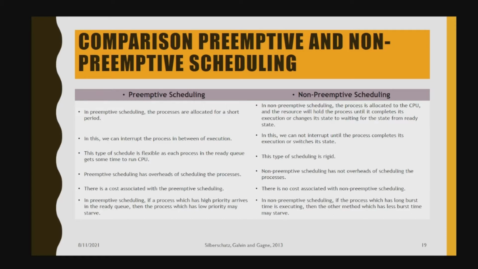In preemptive scheduling there is a cost associated, while in non-preemptive scheduling there is no cost associated. In preemptive scheduling, if a process with high priority arrives in the ready queue, then the process with low priority may be stopped. In non-preemptive scheduling, if a process with a long burst time is executing, then other processes with shorter burst time may have to wait. So that is the difference between preemptive and non-preemptive scheduling.